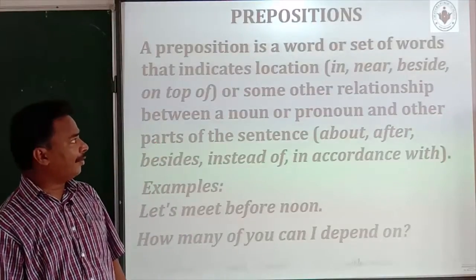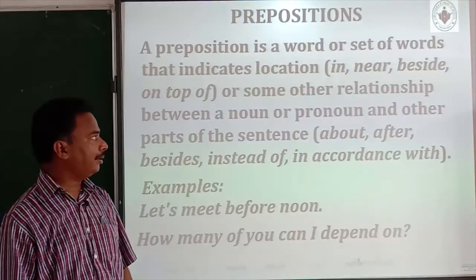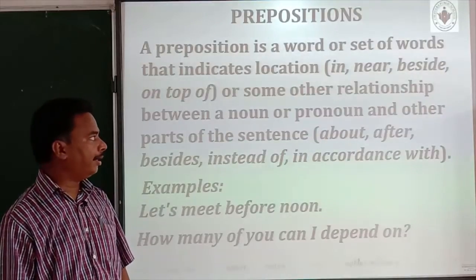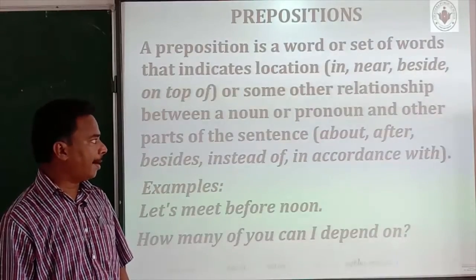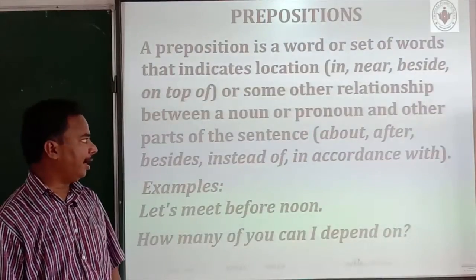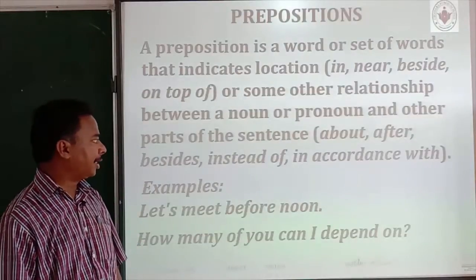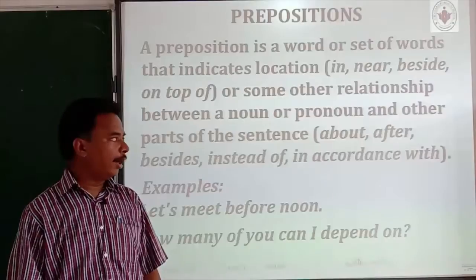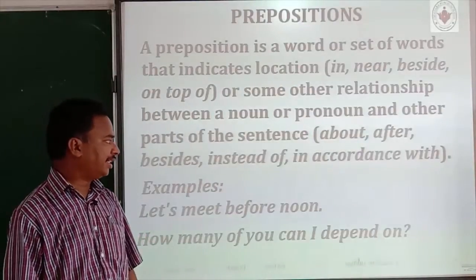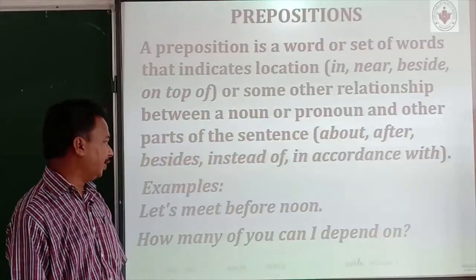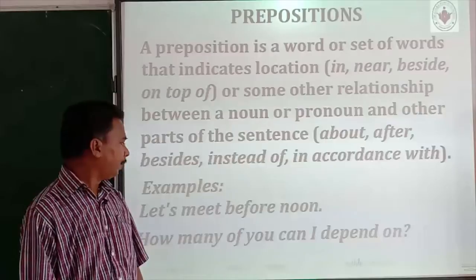So a preposition is a word or set of words that indicates location, that's in, near, beside, on top of, or some other relationship between a noun or pronoun and other parts of the sentence, like about, after, besides, instead of, in accordance with. These are all examples of prepositions.